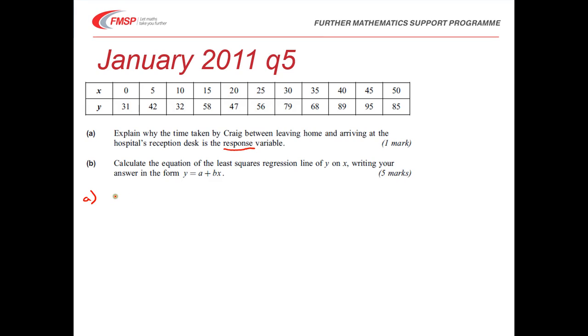We need to emphasize what's really going on: that time taken is dependent on leaving time. We need to say that rather than just time is independent, or dependent. That's where your 1 mark comes from here.